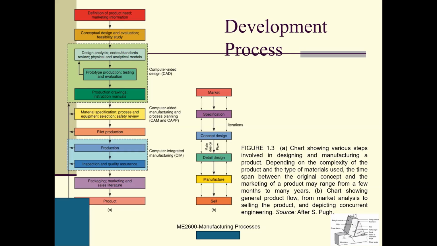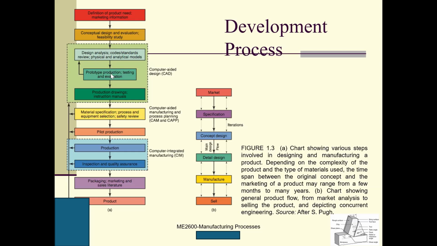This is concurrent, from market and specification, conceptual design, and detailed design, to manufacture and sell. So this is more of a general product flow. Here, definition of product needs, marketing information, conceptual design, evaluation, and so on and so forth.